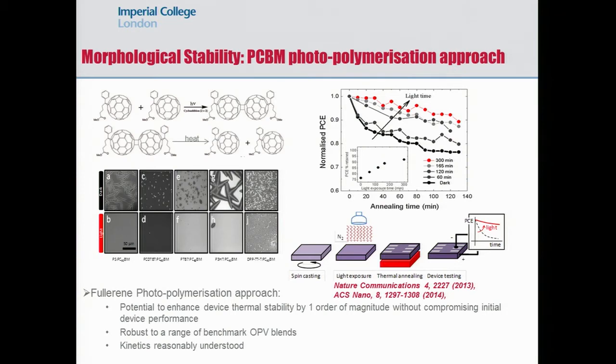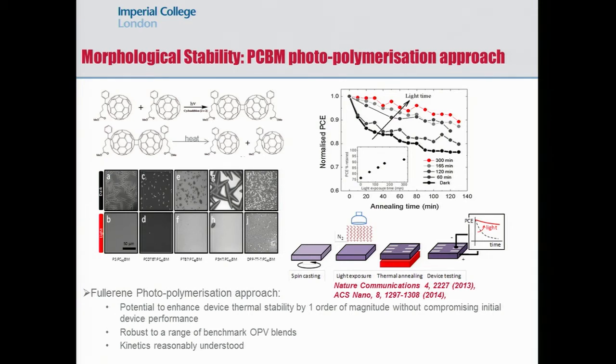Just like what Professor Manka has just mentioned, we also observed that upon light exposure, the PCBM molecules can form dimers or higher oligomers. And these dimers and oligomers, when in the blend, can greatly suppress the crystallization of PCBM under high temperature thermal stress.